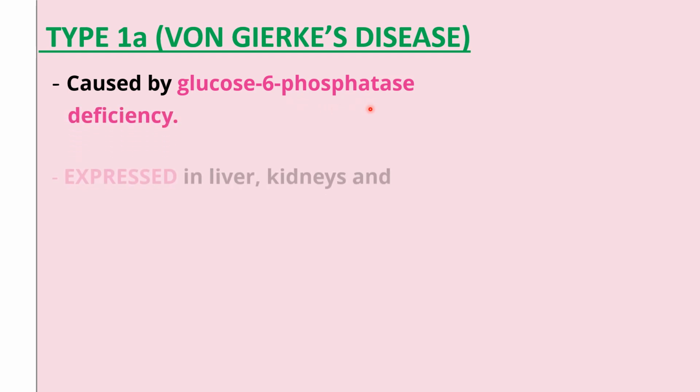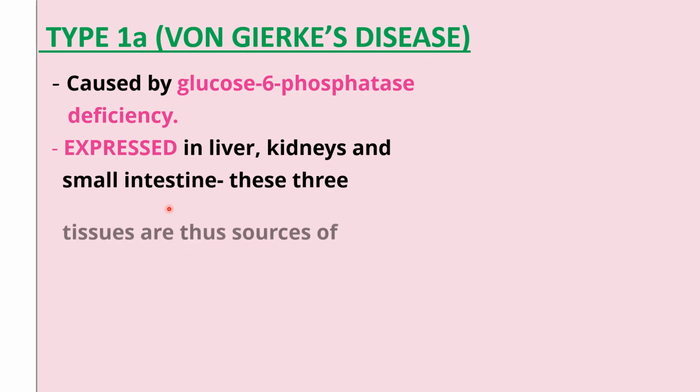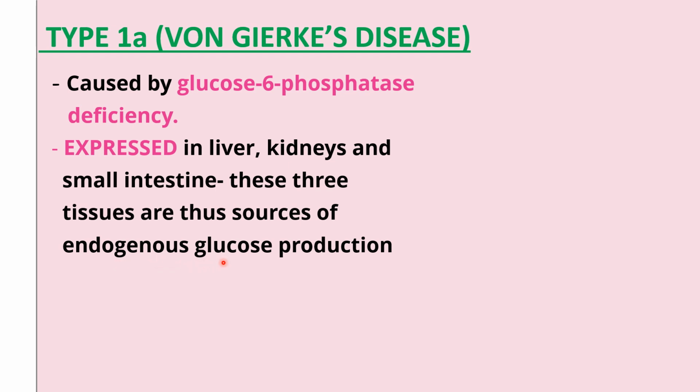So continuing our discussion on von Gierke's disease, it is known as type 1A of the glycogen storage disorder. It is caused by glucose 6-phosphatase deficiency, and this enzyme is mainly expressed in liver, kidneys, and small intestine. That is why these three tissues are considered sources of endogenous glucose production in our body.